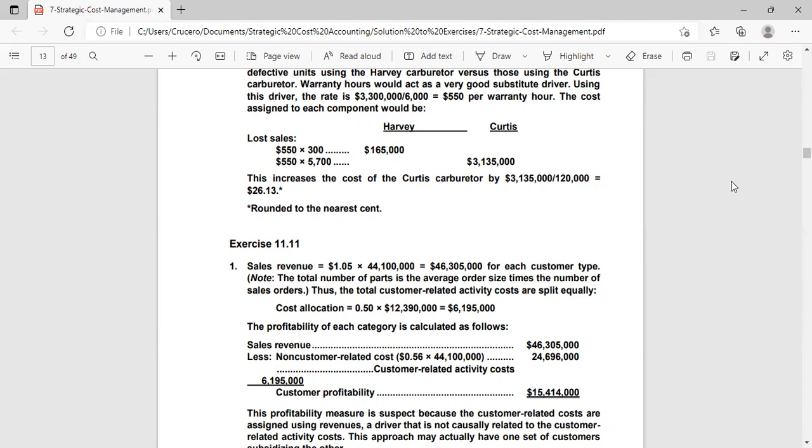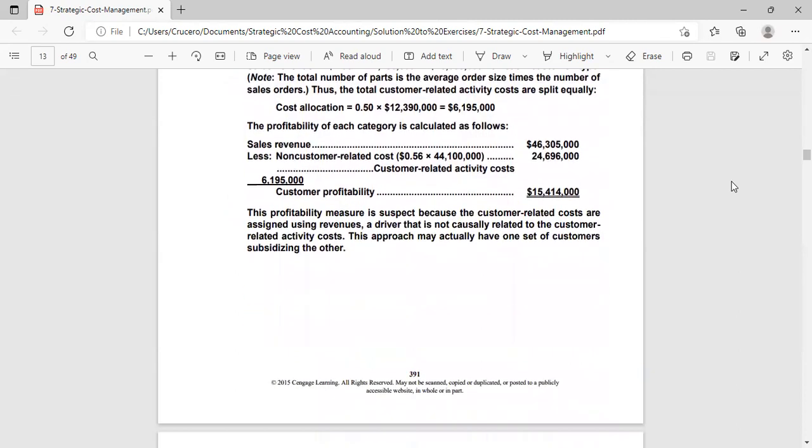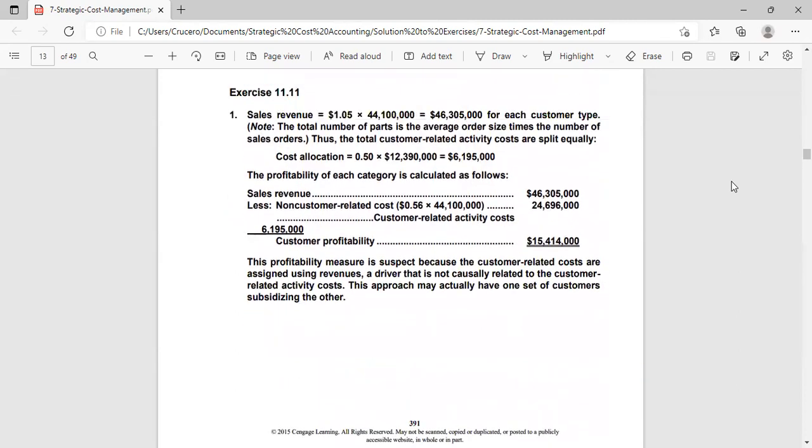Now, in number 1, we are going to determine first the sales revenue, which is 1.05 multiplied by 44,100,000. Now, this 44,100,000 is taken by multiplying the number of sales orders by the average order size.